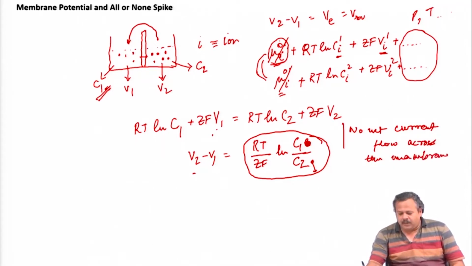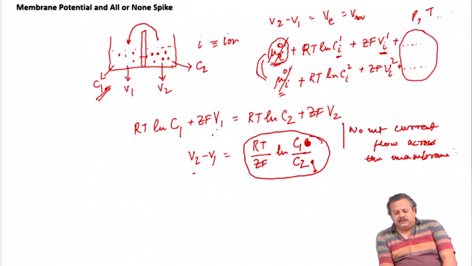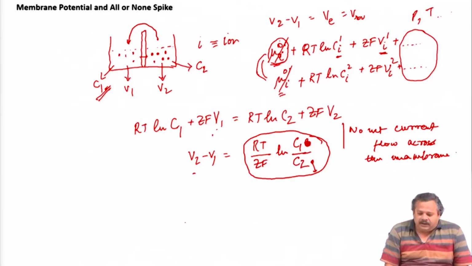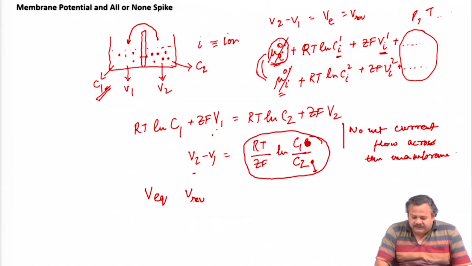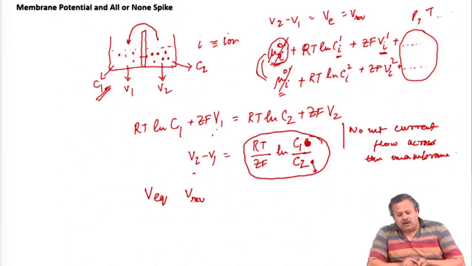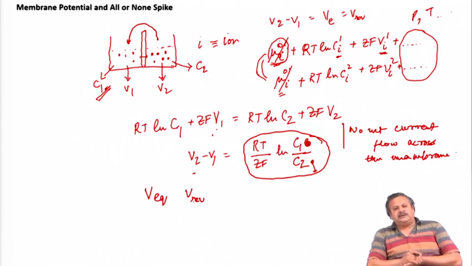So, this is what we will call, for an ion, the equilibrium potential V EQ or V E, or also the V rev, the reversal potential of the ion. This is basically a marker to tell us how ions will flow across a membrane if there is a path available for ions to flow.